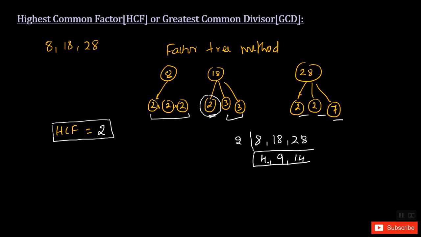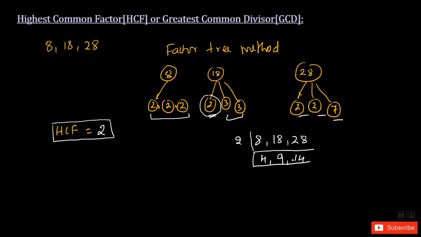Now you got the result. The numbers here are 4, 9 and 14. There is no number which can divide 4, 9 and 14 at a time, because 4 and 14 are even, 9 is odd. So there is no particular number which can divide 4, 9 and 14.